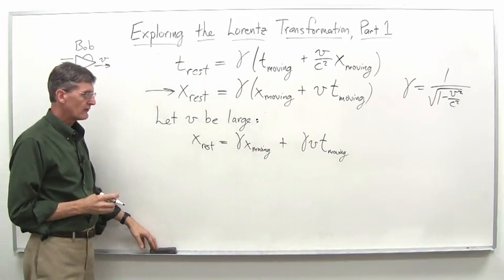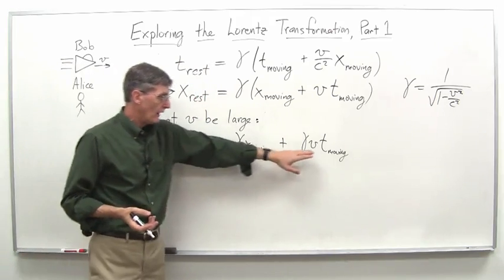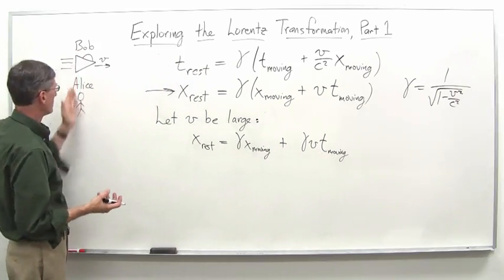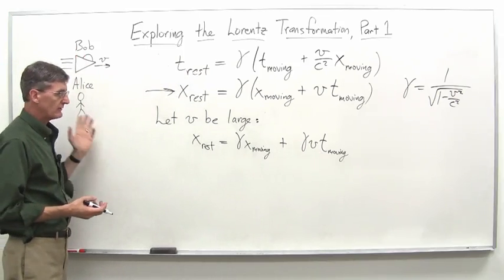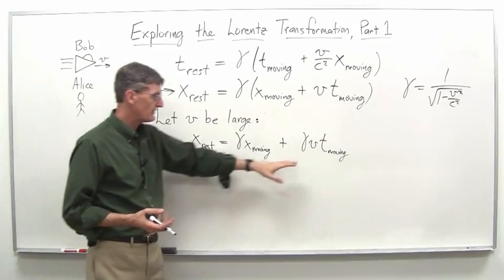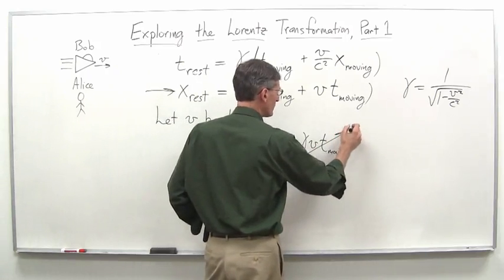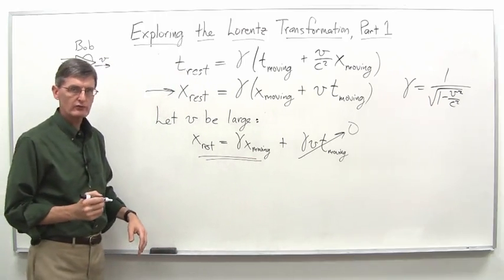And in fact, if Bob is measuring this at his time t equals 0, and we also assume that they're right together at t equals 0, Bob is just passing by Alice at t equals 0, so we're measuring this at t equals 0 for Bob, t moving equals 0, then this term goes to 0, and look what we're left with here. That's our length contraction equation.